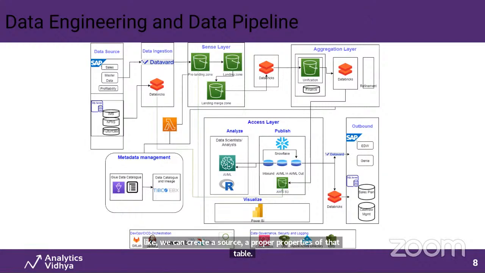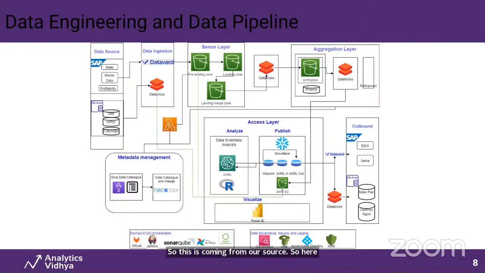So let's take a table one in pre-landing. This is coming from our source, so here we put the source as table one. In the landing zone, we have the same table one, but the source will be pre-landing dot table one.